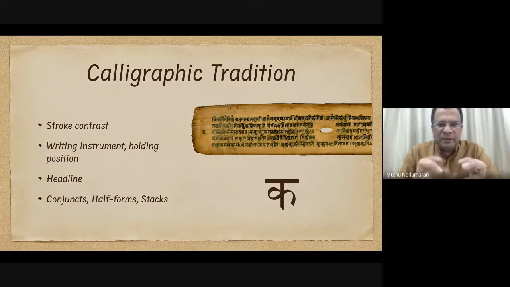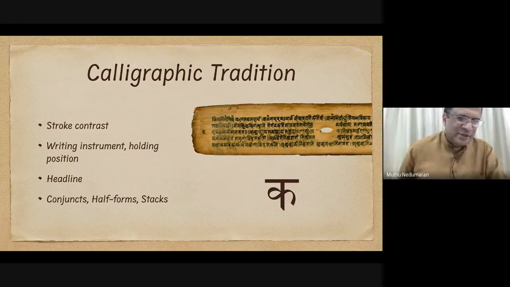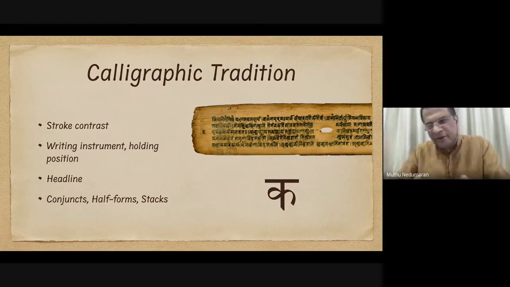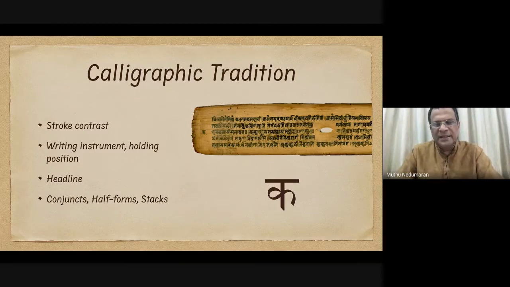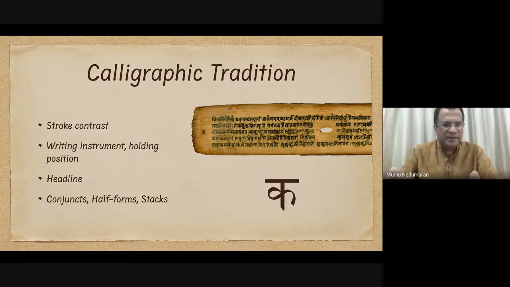I think many of you already know all this, right? Now, what I want to draw attention to is this interesting thing about stroke contrast. Most letter forms, whether it's in Indian or Western or Chinese, letter forms that had a calligraphic tradition where they use a pen, whatever the pen may be, that has a width, and then you dip it in ink and then you inscribe, you calligraph.